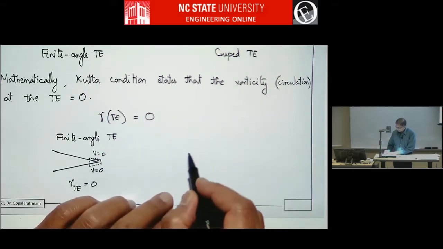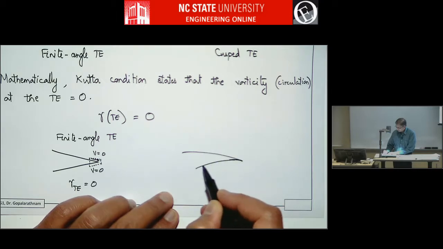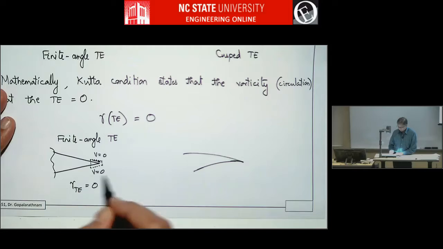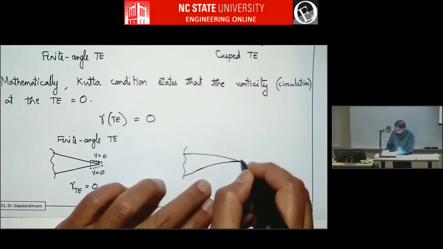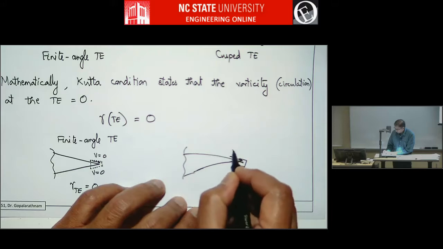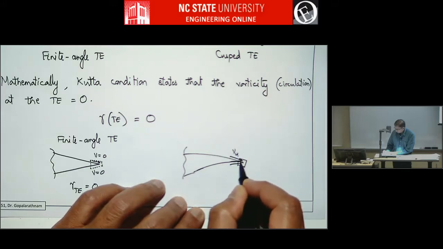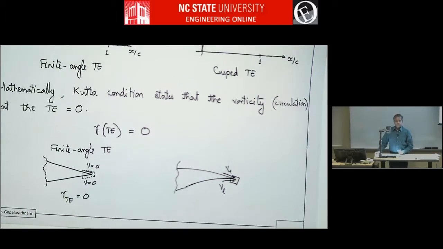And on the other hand, a cusp trailing edge is one like this, right? And here again, if you take a contour right around the trailing edge, and here you have velocity on the upper surface like this, velocity on the lower surface like this, and they are not 0, but they are equal, right?